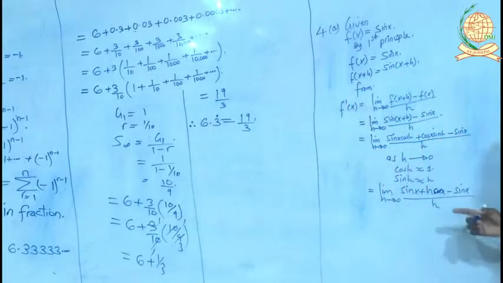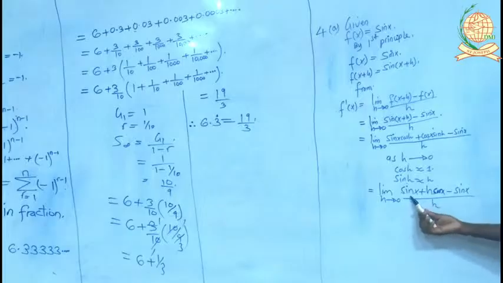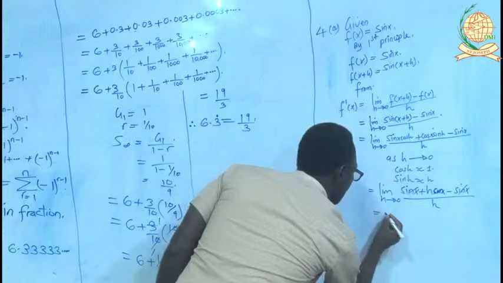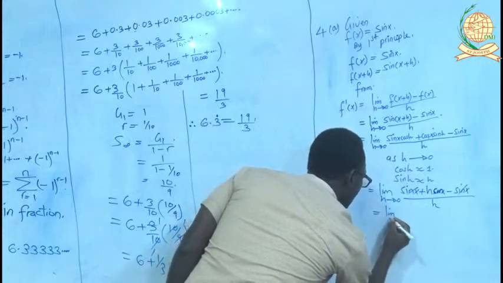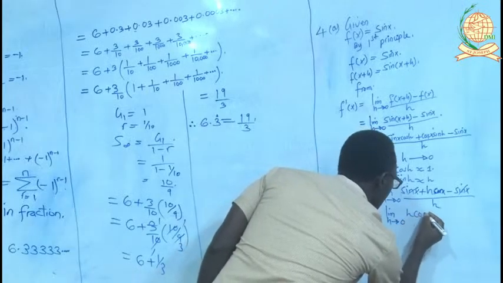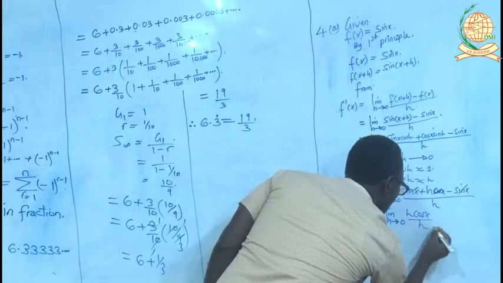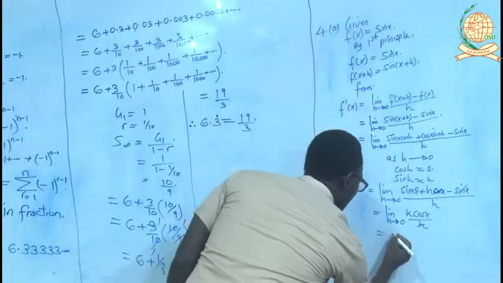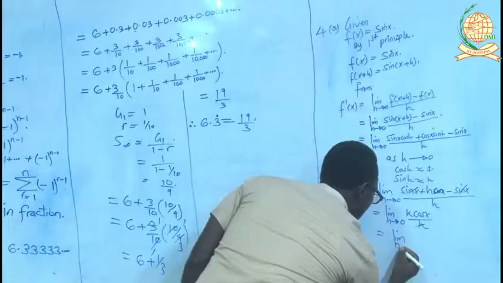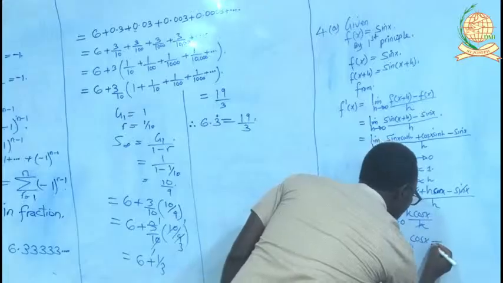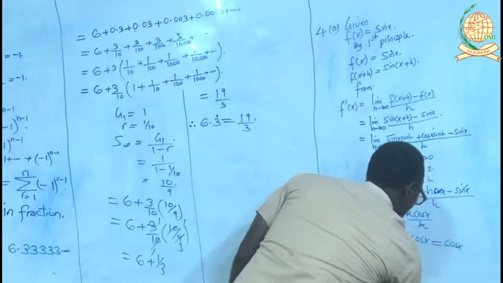From here you can see we have positive sine x and negative sine x. So this one will cancel with this one. And we are going to remain with limit h goes to 0, h cos x over h. This h and this h will cancel. Then remaining with the limit h goes to 0 of cos x, which equals cos x.